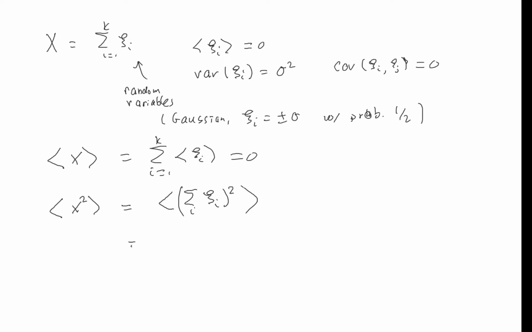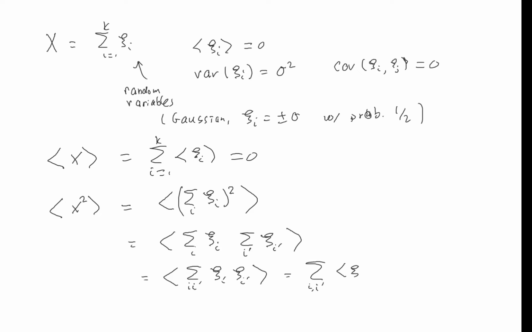We're going to write that as the average value of the sum on i of squiggle_i times the sum on i prime of squiggle_i prime, which we write as a sum on i and i prime of the average of squiggle_i squiggle_i prime, taking the averages inside.